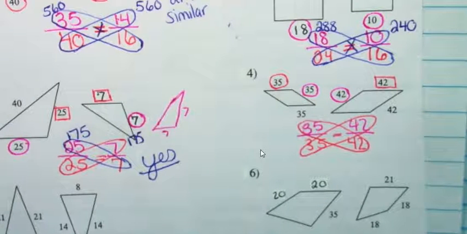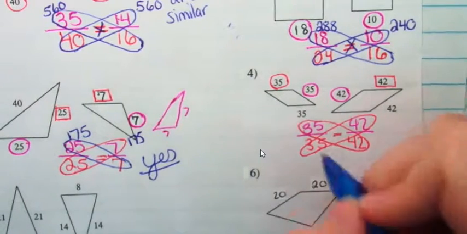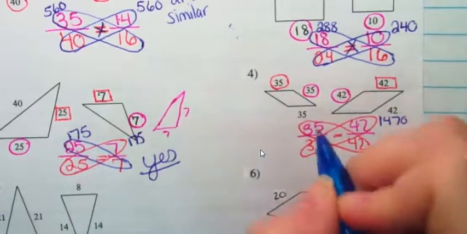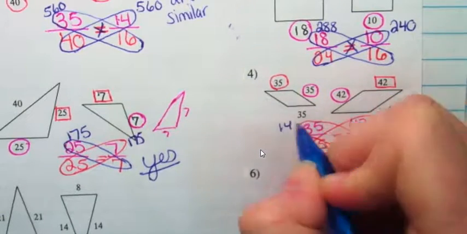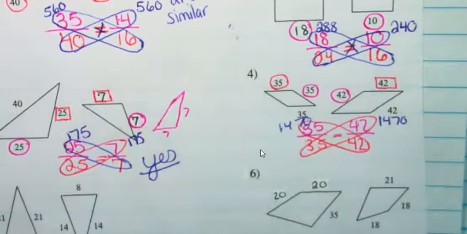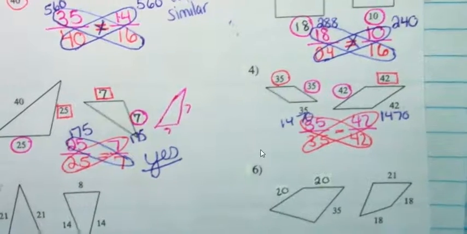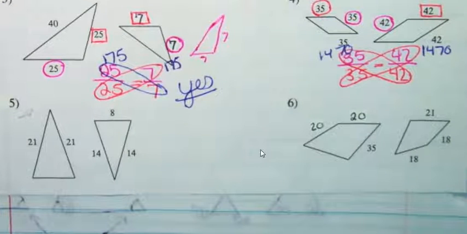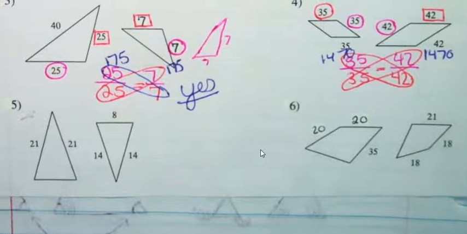I can do my math to double check, but because they're the exact same numbers, I know 35 times 42 is 1470 and 42 times 35 is 1470. I would like you to pause this and go ahead and try numbers 5 and 6, please. Even if you think you're struggling, give them a try, and then you can watch the rest of this and check it out.